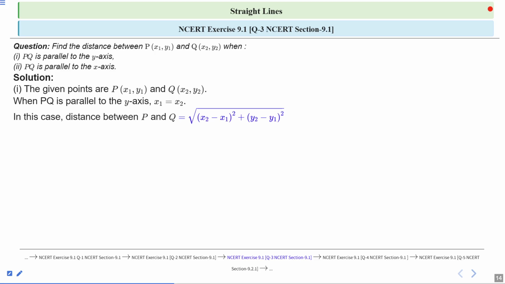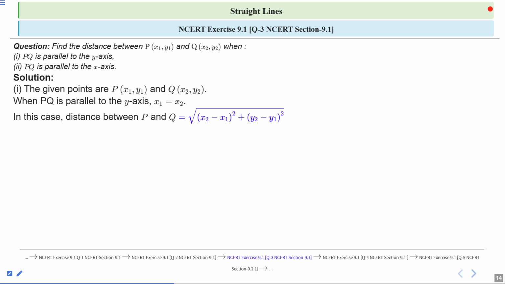So in this case, the distance between P and Q is basically the square root of (x2 minus x1) whole square plus (y2 minus y1) whole square. Okay, so it is known that the distance between two points P(x1, y1) and Q(x2, y2) is equal to the square root of (x2 minus x1) whole square plus (y2 minus y1) whole square.